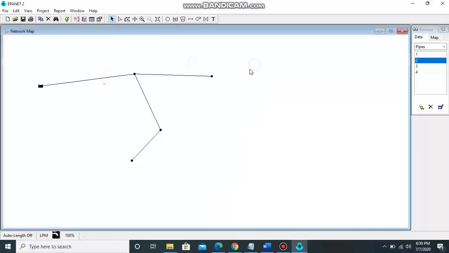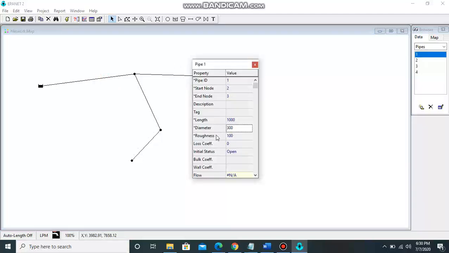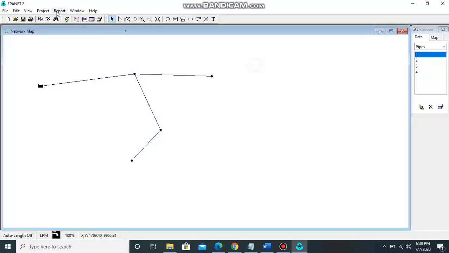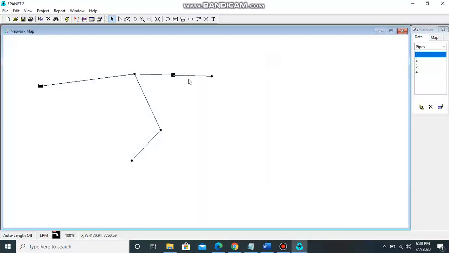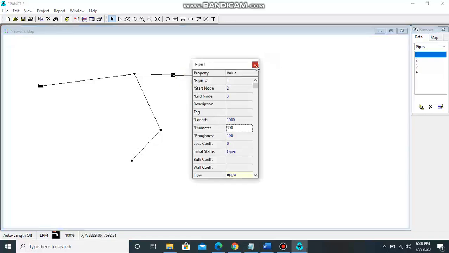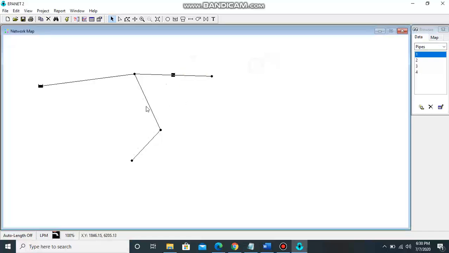Also the roughness coefficient, we use Hazen-Williams. In this project you can also select the head loss formula: Hazen-Williams, Darcy-Weisbach, Chezy-Manning. So I use Hazen-Williams.